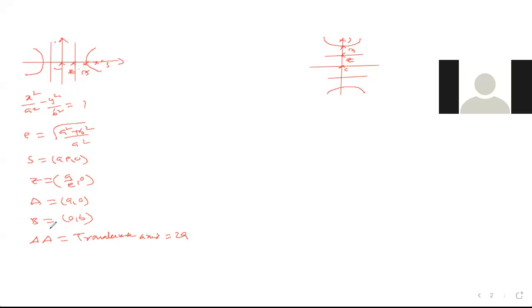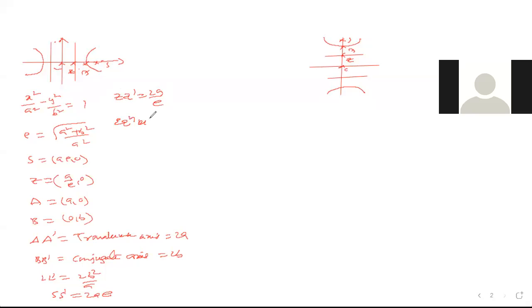B B dash is the conjugate axis, 2b. LL dash is 2b square by a. SS dash is 2ae. ZZ dash is 2a by e only, right? 2a by e.